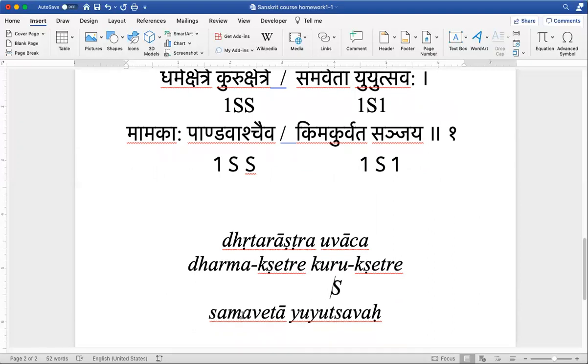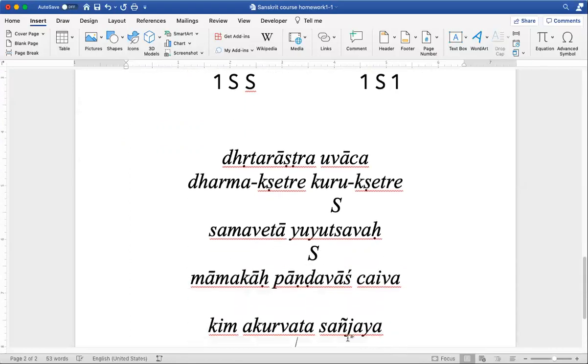Samaveta: 1, 2, 3, 4, 5, 6. It's difficult to count in English. The sixth one is the second U, so that becomes Guru. And 1, 2, 3, 4, 5, 6. What is the sixth one here?